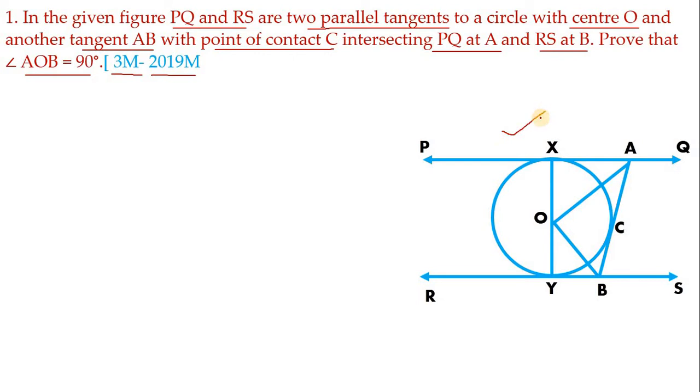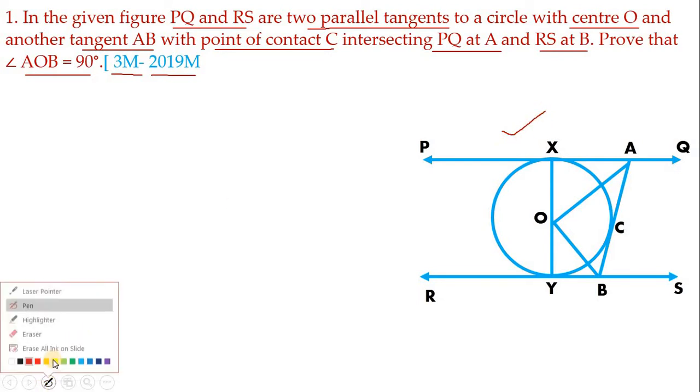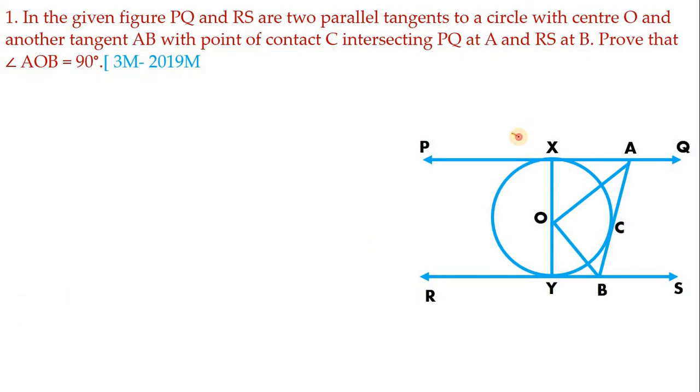Children, it is the given figure. To understand this problem, you have to look at the figure carefully. In the figure, PQ and RS are two parallel tangents to a circle with center O. It means here there is a circle with center O, and PQ and RS are two lines tangent to this circle.